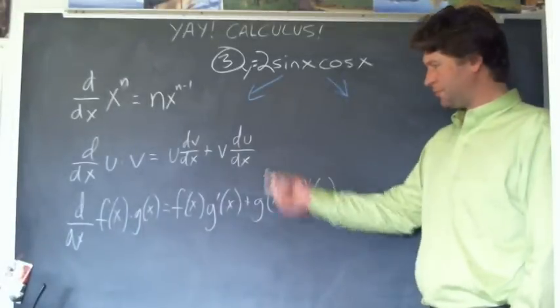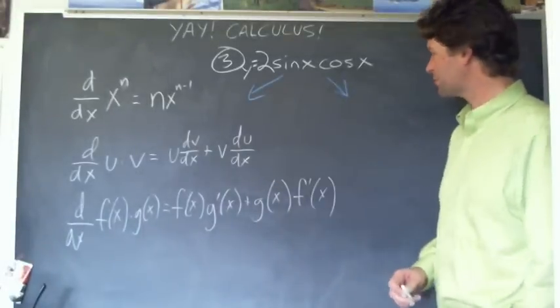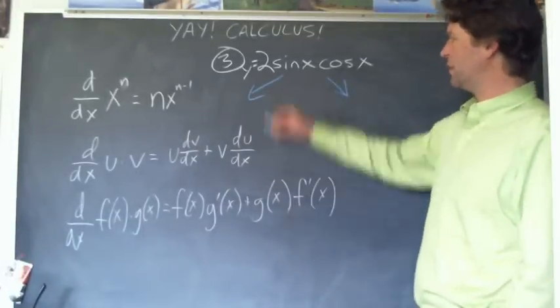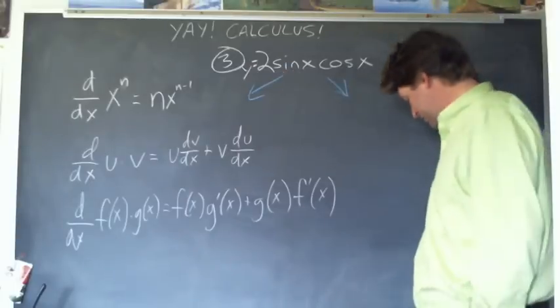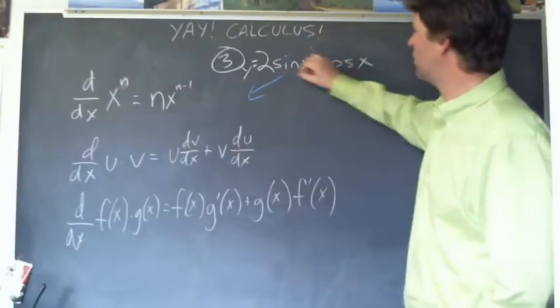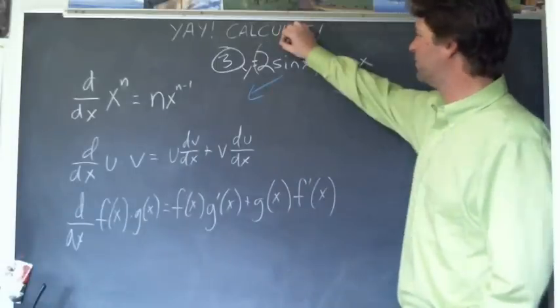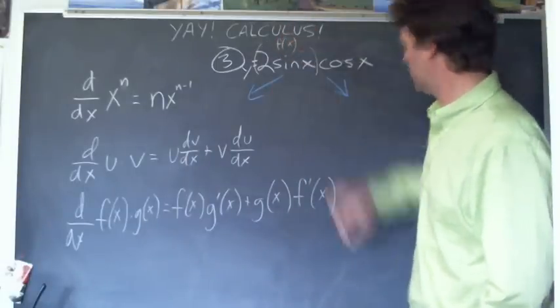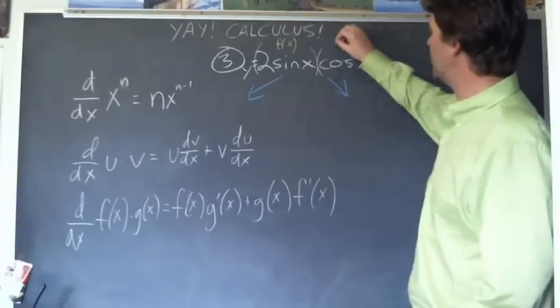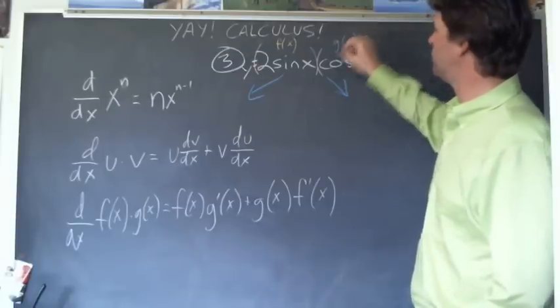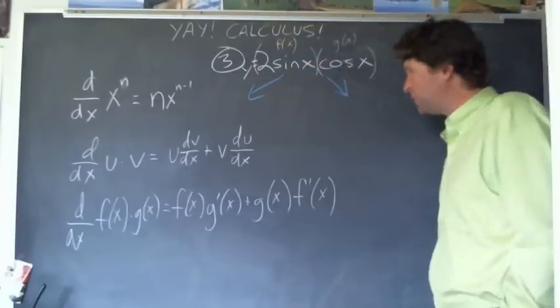Same difference, just different notation. We use this one here. So let's say that 2 sine of x is f of x, and cosine of x is g of x, or u and v if you prefer.